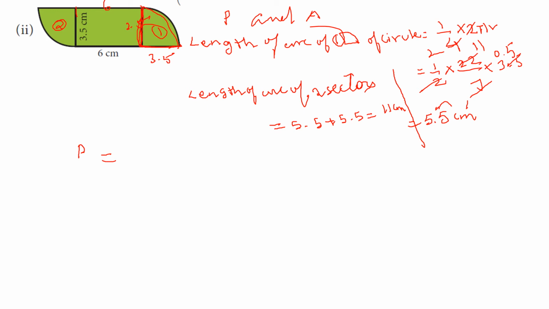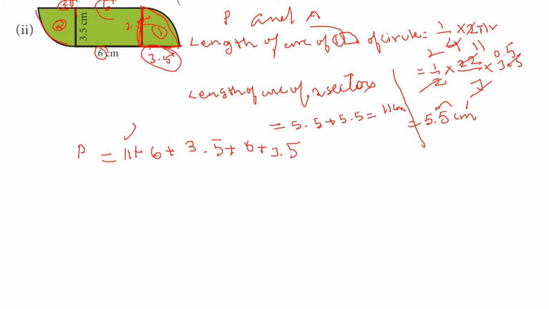So 11 plus 6 plus 3.5 plus 6 plus 3.5. Once again we check the numbers: the length of the arc of the sectors is 11, this is 6, next this 3.5, next 6 and this 3.5.